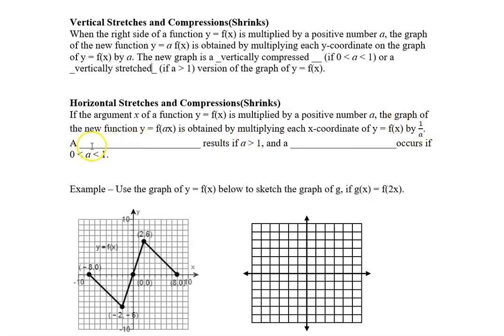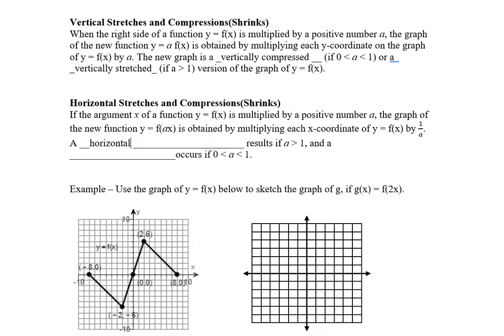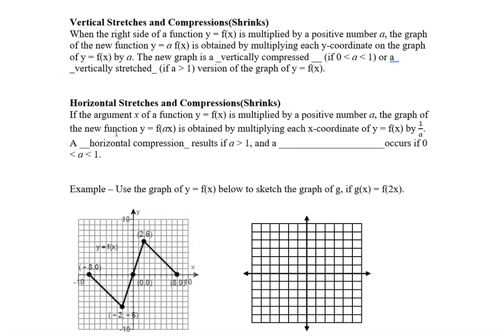So a horizontal compression results if a is greater than 1, and a horizontal stretch occurs if a is between 0 and 1.